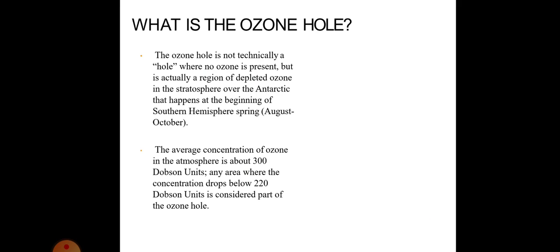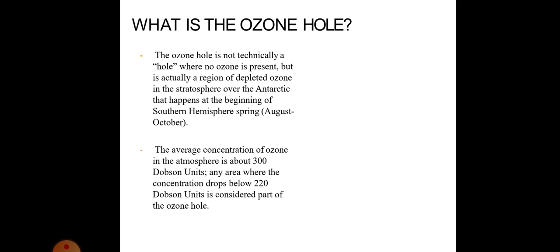Technically it is not literally a hole where no ozone is present, but it is actually a region of depleted ozone in the stratosphere, over the Antarctic. It happens at the beginning of the southern hemisphere spring season, between August and October.